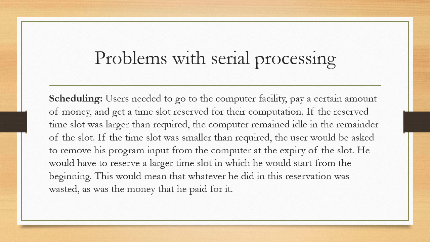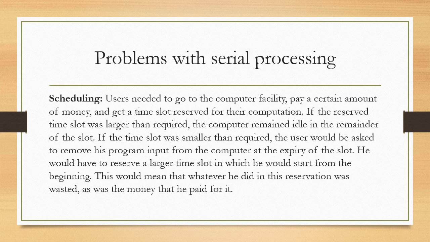Users needed to go to the computer facility, pay a certain amount of money, and get a time slot reserved for their computation. Now, if the reserved time slot was larger than required, the computer remained idle in the remainder of the slot. Let us take an example.